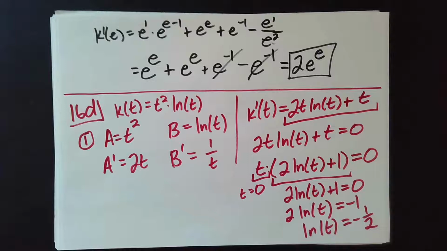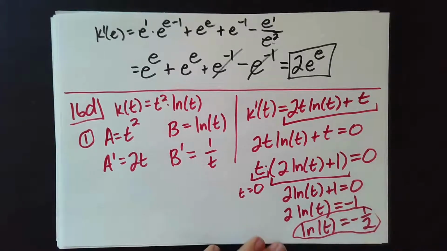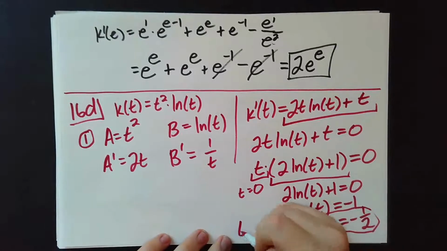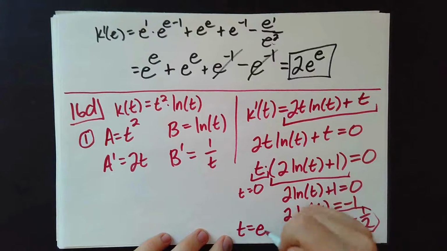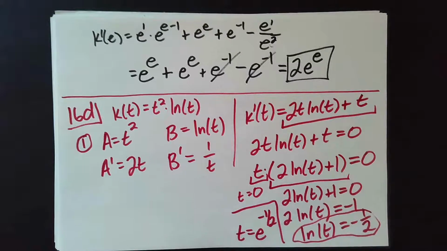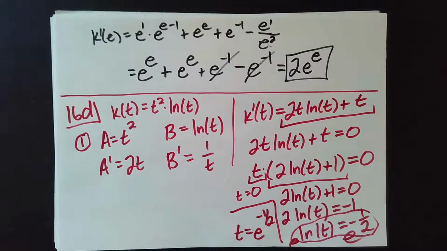And depending on exactly how you like to think about this, you can either say, okay, what is the number whose natural log is minus a half? Well, certainly the number whose natural log is minus a half is e to the minus 1/2 power. Or you might have been trained that if you're faced with this kind of equation, you stick an e here and an e here, and then the e to the natural log of t cancels, and you're left with t equals e to the minus 1/2.